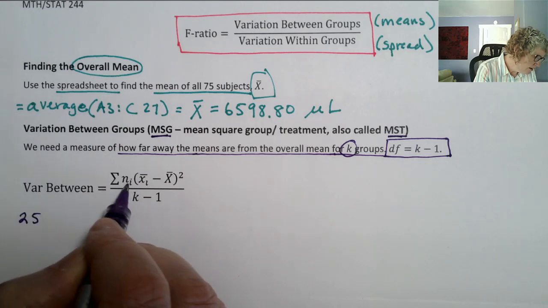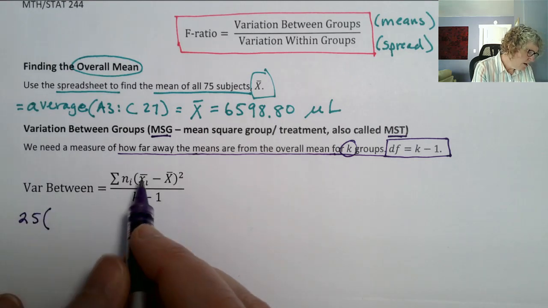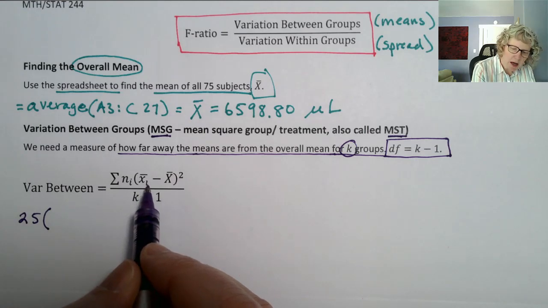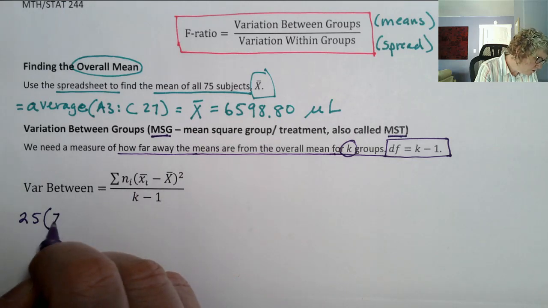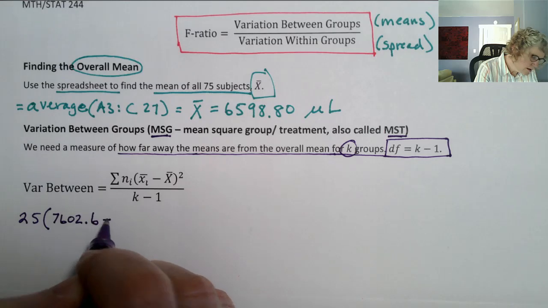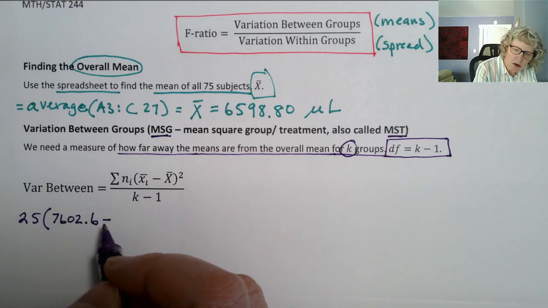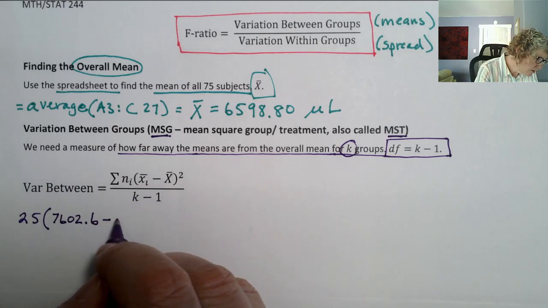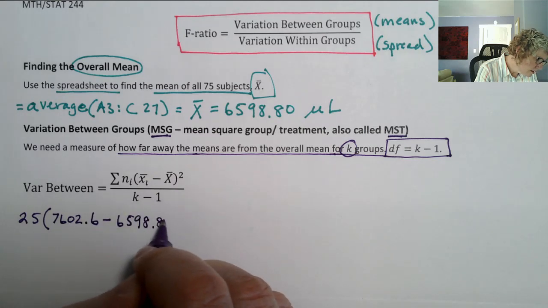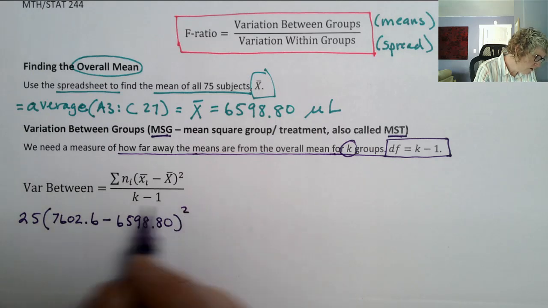So the N sub I times the difference, so parentheses, X sub I, so that is 7602.6 minus the overall average, which I have right above here, 6598.80 squared.